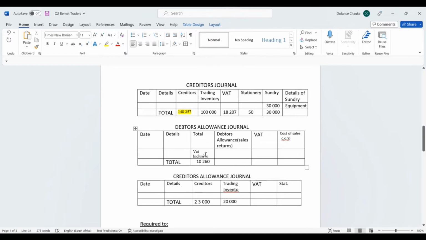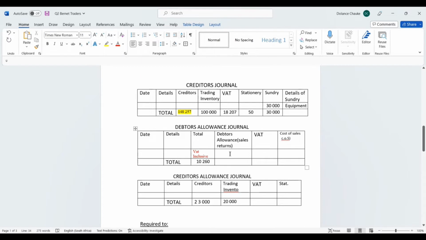When I say something is VAT inclusive, it means that amount includes VAT. Now we need to calculate the amount that does not include VAT. This one is VAT exclusive, and this one is the VAT amount.